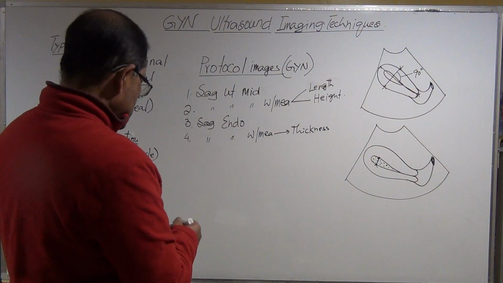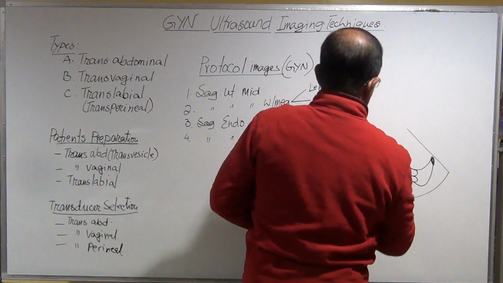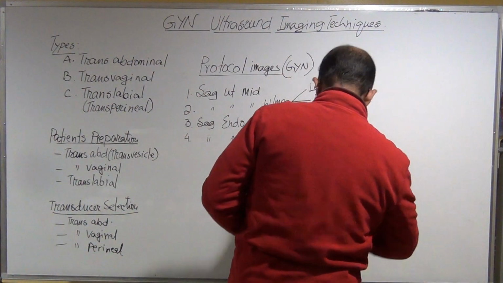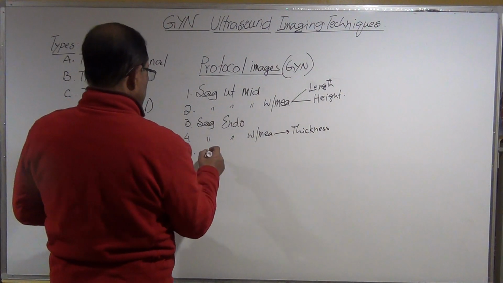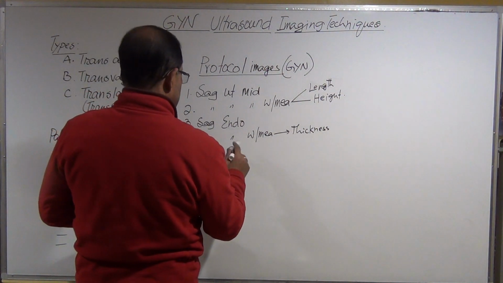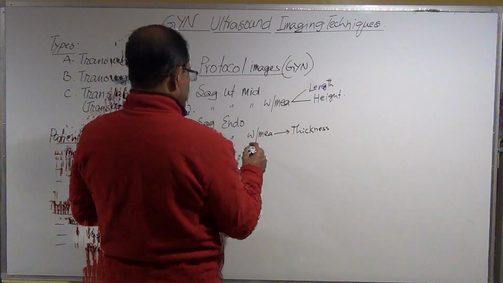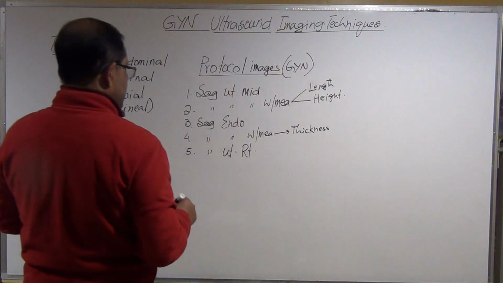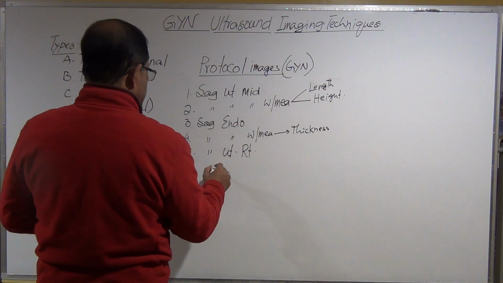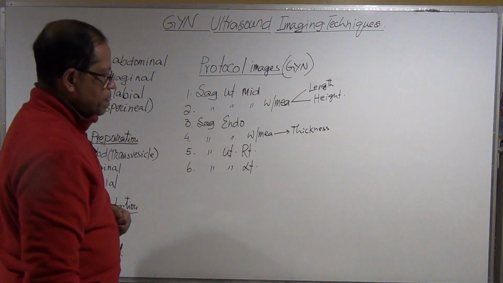So now, number 5 says uterus right, and 6 says uterus left.